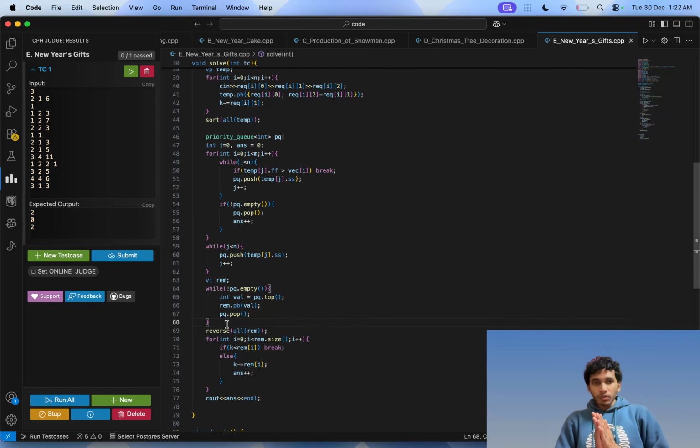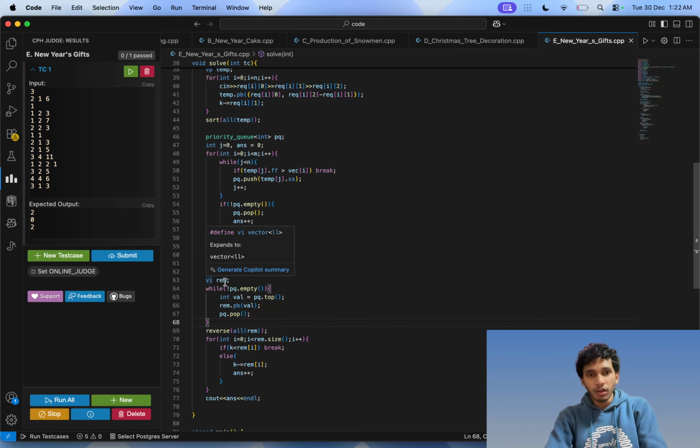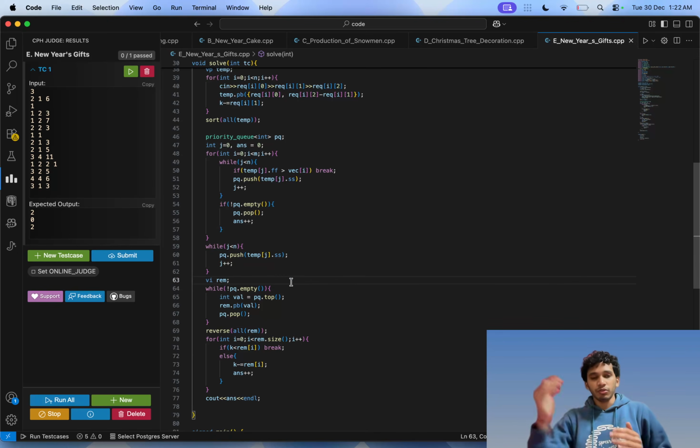Now we want to maximize the number of people who are made satisfied or happy using coins. So sort them first of all, because we already have a priority queue, so it has all the elements sorted in decreasing order. Insert in a new remaining vector. Remaining represents the remaining number of people and how many coins they require to make themselves happy.